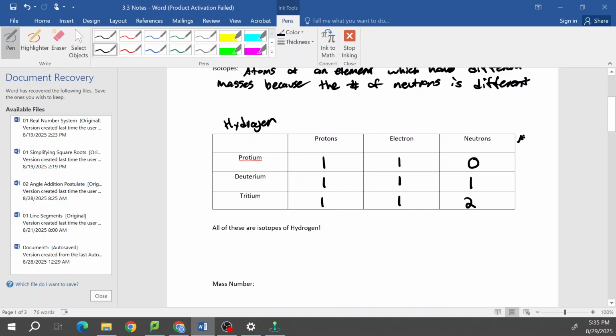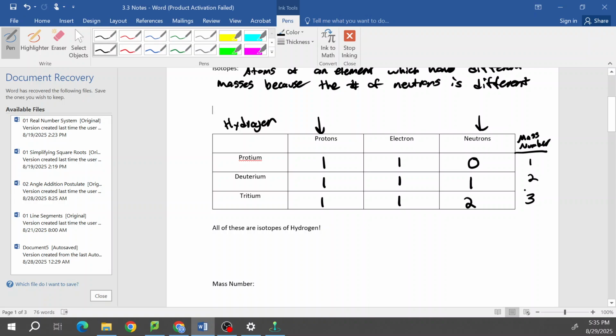We can calculate the mass number over here on the side by simply adding up the protons and the neutrons. So the mass number for protium is 1 because 1 proton plus 0 neutrons is 1. The mass number for deuterium is 2 and the mass number for tritium is 3.